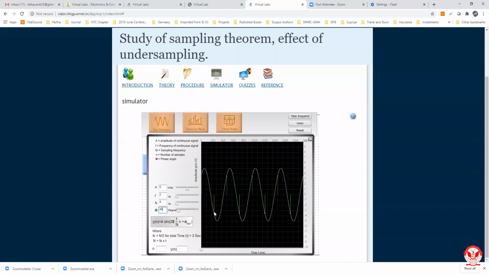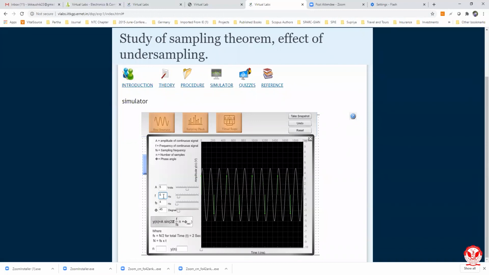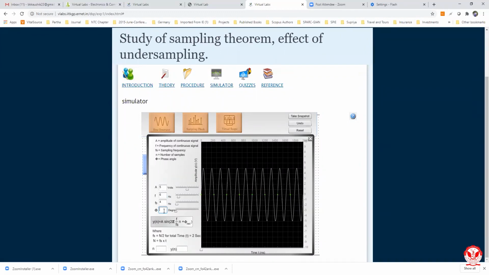Now we'll study the case of undersampling also. For this purpose, it will be better if we increase the frequency to 6 kilohertz. And for convenience, we are setting the phase angle to 0 degrees. Now the frequency is set to 3 Hz here.